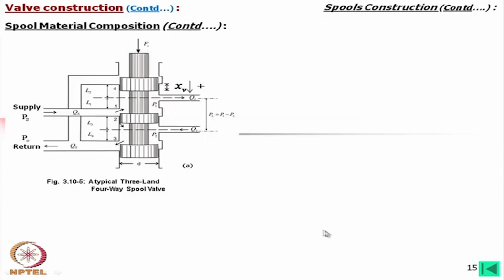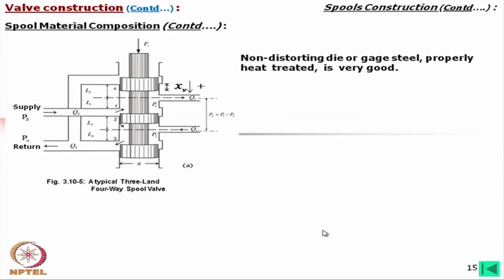Now, non-distorting die or gauge steel properly heat treated is very good for spool. Also, we can use the steel which is used for ball bearing.